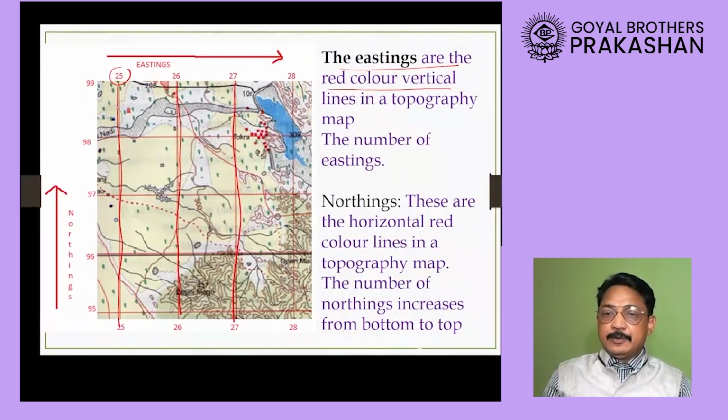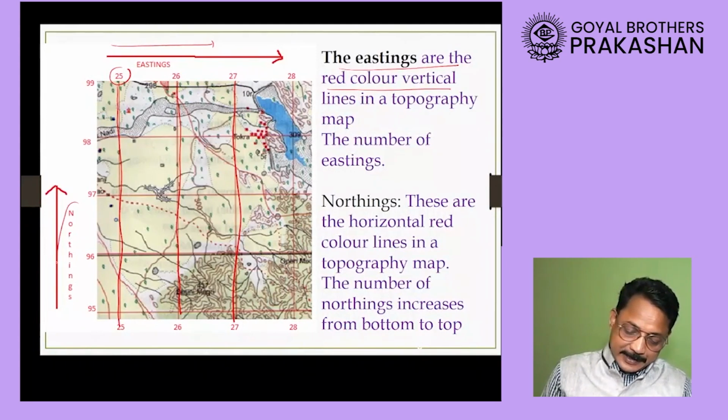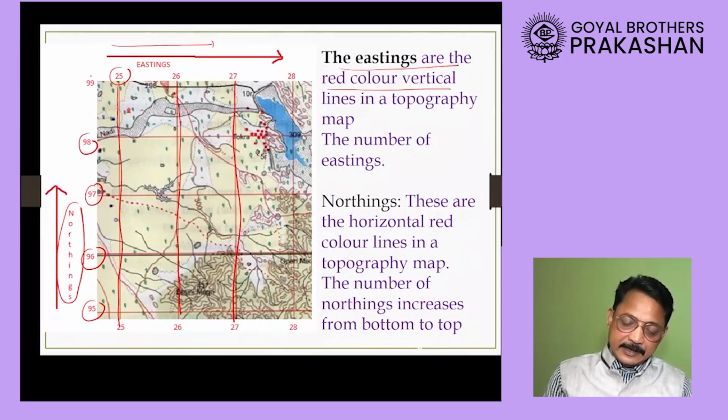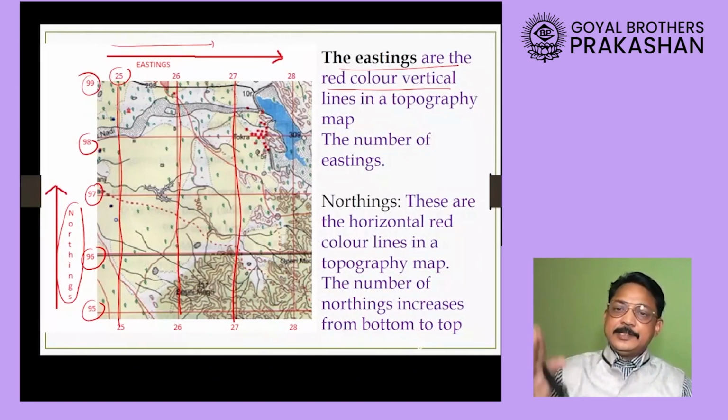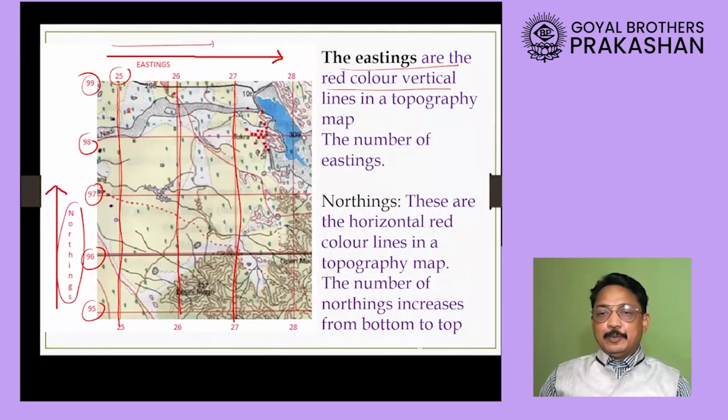And what is happening to these eastings when we move eastward? Right, their numbers go on increasing from west to east. Similarly, northings here are the horizontal lines 95, 96, 97, 98, 99. Their number is increasing as we move towards the north.